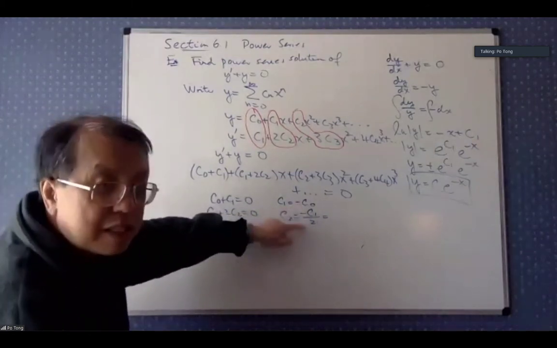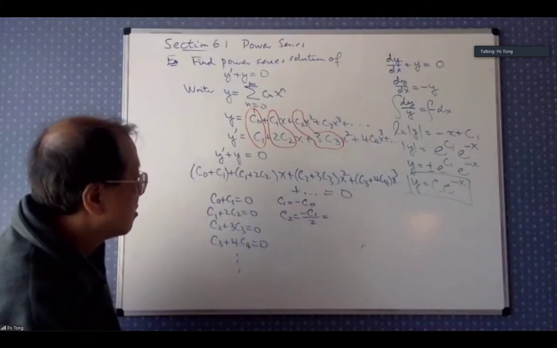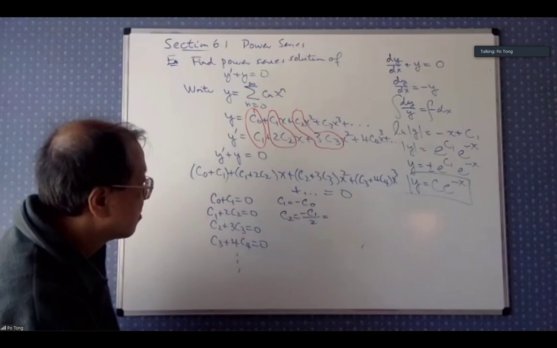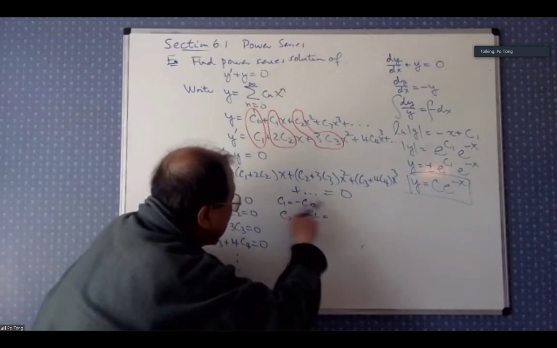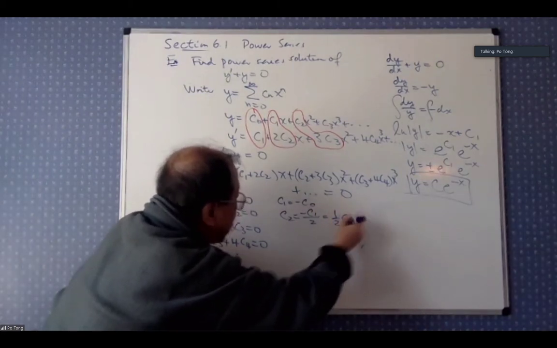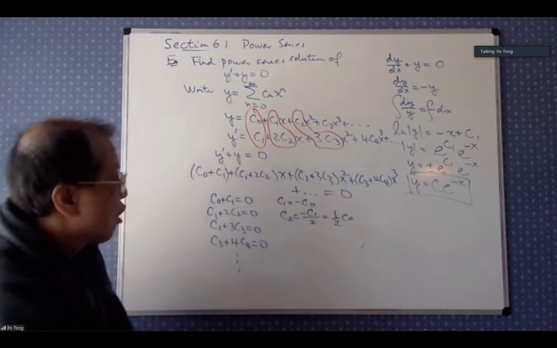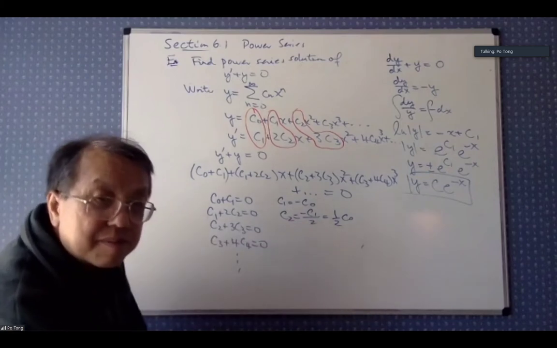You guys know what I'm talking about? So what do I end up with? In terms of C0. Minus and minus become plus. So this one will be 1/2. Is that correct? Are you guys still with me?